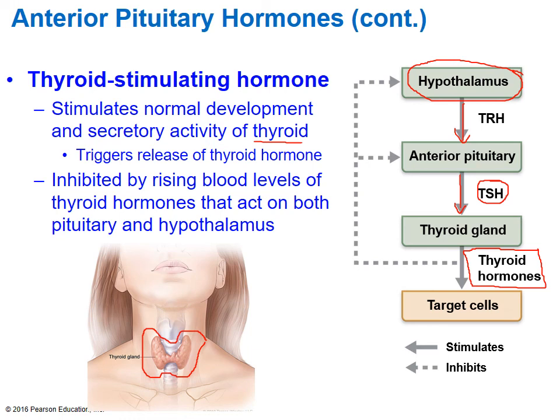And also notice that once thyroid hormone is released and interacts with its target cells, the little dashed line indicates that it's a negative feedback system, meaning that once you have your results, we're going to inhibit the hypothalamus and the anterior pituitary gland from releasing any additional hormones. Because remember, we only want to work until we get the results.